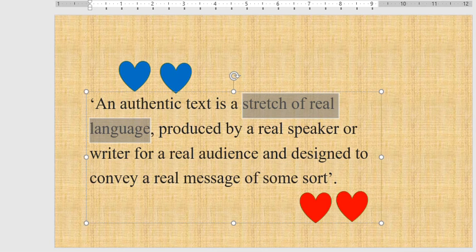It may be a sentence, it may be an utterance. Utterance means even a sound, a letter, a clause, a phrase, a word, a prefix, a suffix, okay? An authentic text is a stretch, and it varies, produced by a real speaker or writer for a real audience and designed to convey a real message of some sort.